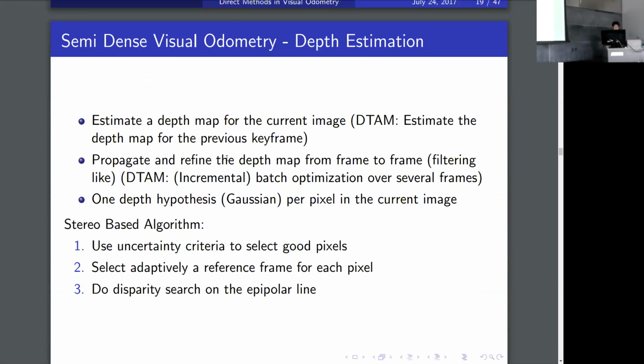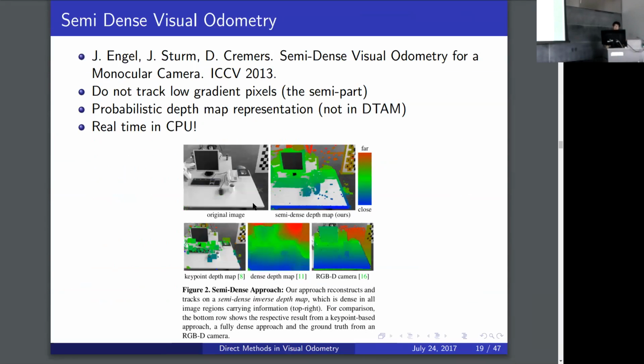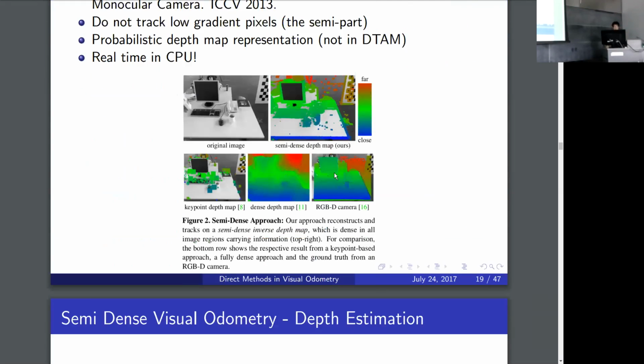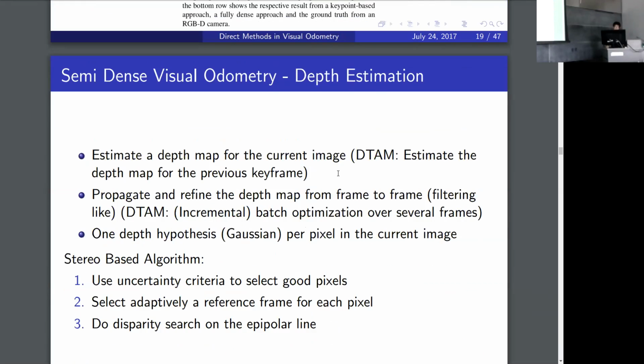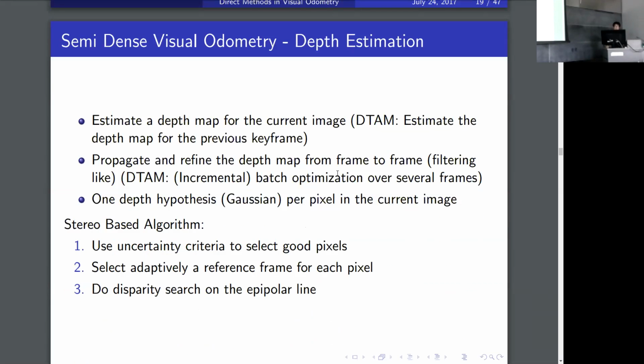So the key contribution of semi-dense visual odometry, other than coming up with a good measure of how to select dense features in the scene, is that it also comes up with probabilistic methods to estimate the depth.